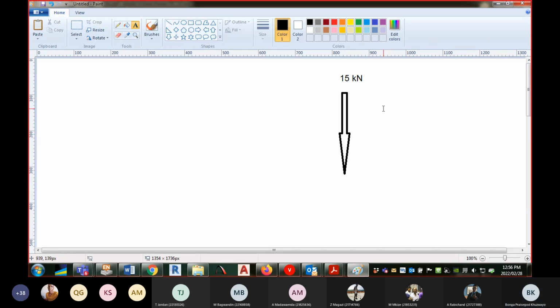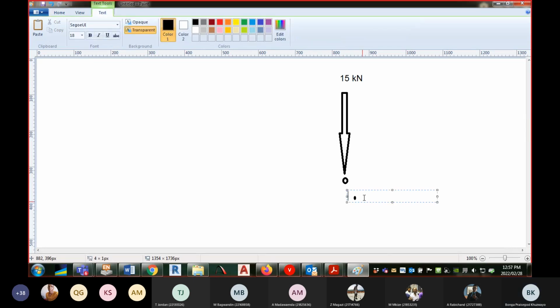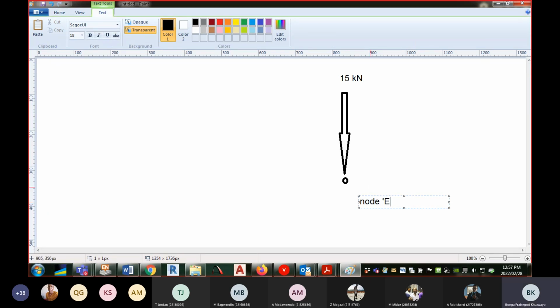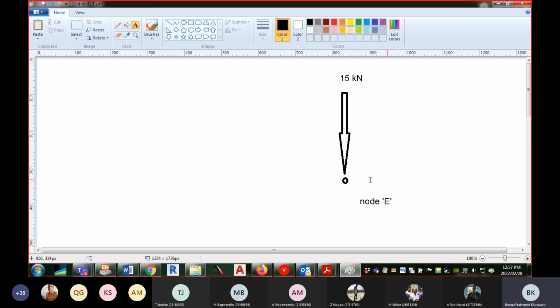And this is where the node is. The load is actually applied at the node, this one, at node E. So this is where node E is. I just need to undo this. This is where node E is. Okay, right, there's node E.